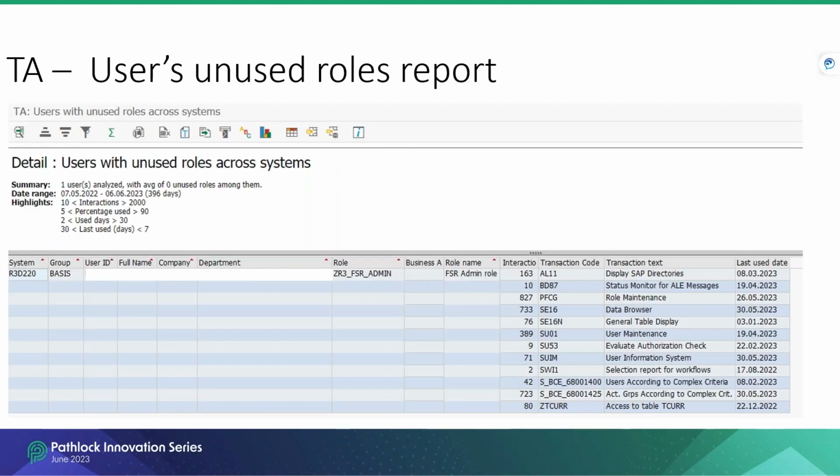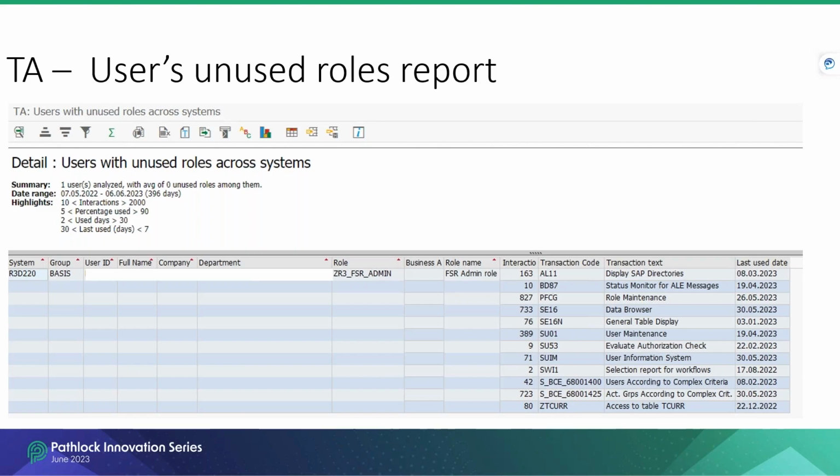Okay, so another report that we have used is the users unused roles report. We're using here a detailed view of this, and we've used this in our SOD analysis, so segregation of duties, and we've used it to clean up roles or remove unused roles from users, and removing unused transactions within a role.